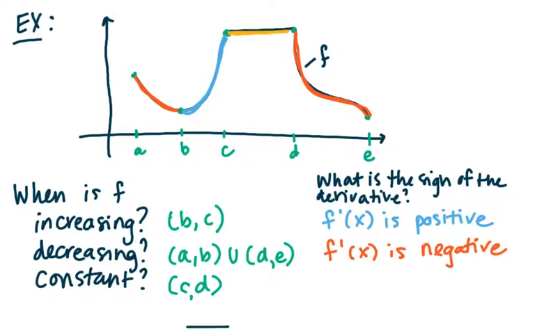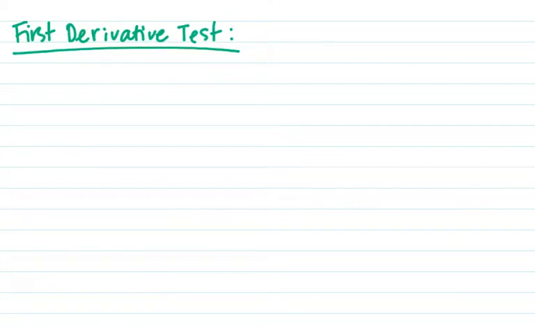The slope of a constant function is simply 0. So what we're going to be doing is obviously probably not having the picture most of the time and algebraically finding those derivatives and seeing what the signs are between these moments of change. So this identifying of increasing and decreasing intervals is what we call the first derivative test because of that connection the signs have with the first derivative.